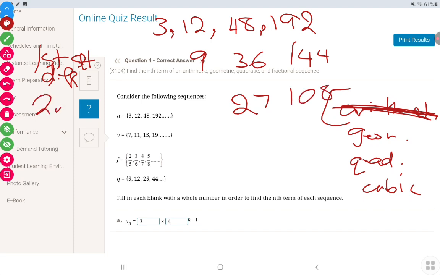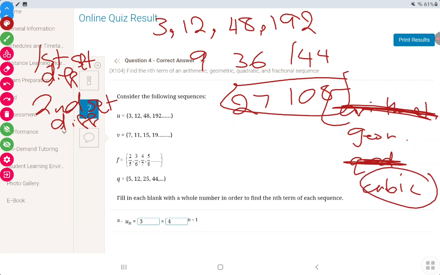So the second set of differences are not equal, which means this is not quadratic. And we don't have enough numbers to check if it's cubic, because after 108 minus 27 we don't have another difference to compare it with. So we can just remove cubic as an option.